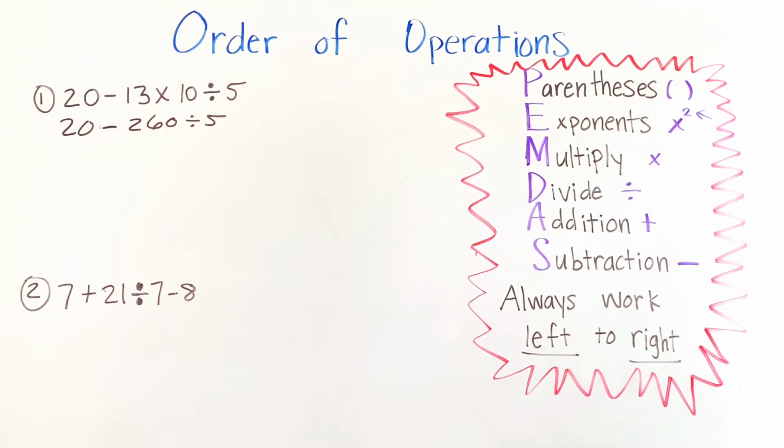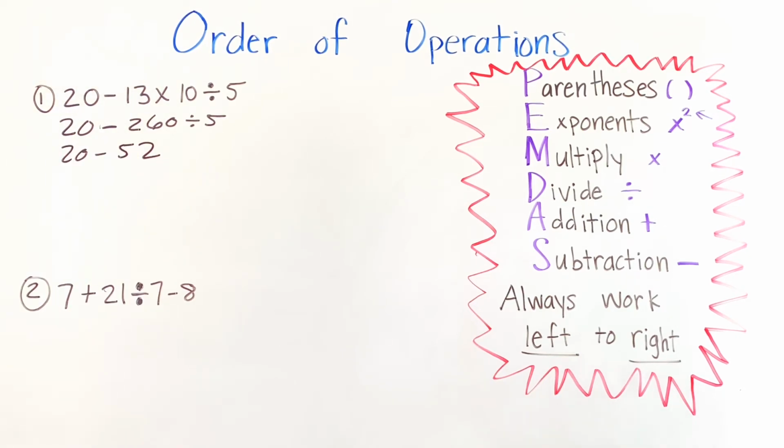What's the next step? If we look on the right hand side, it says that we have to divide or multiply first before we subtract. So we're going to go ahead and divide 260 divided by 5. So when we have that, 260 divided by 5 is going to be 52.